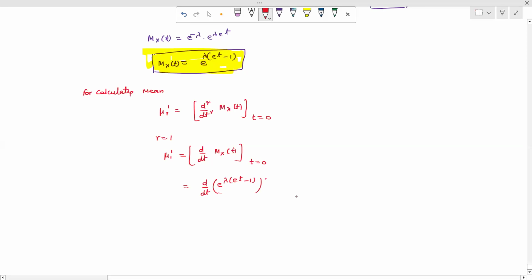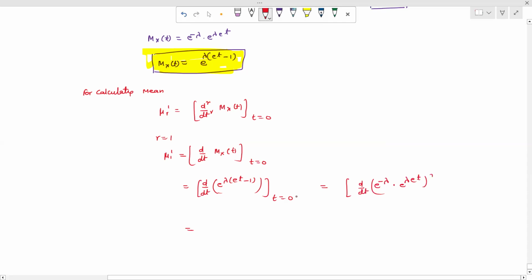So we put t equal to 0. When we differentiate this, we write d upon dt of e raised to the power minus lambda into e raised to the power lambda e raised to the power t.